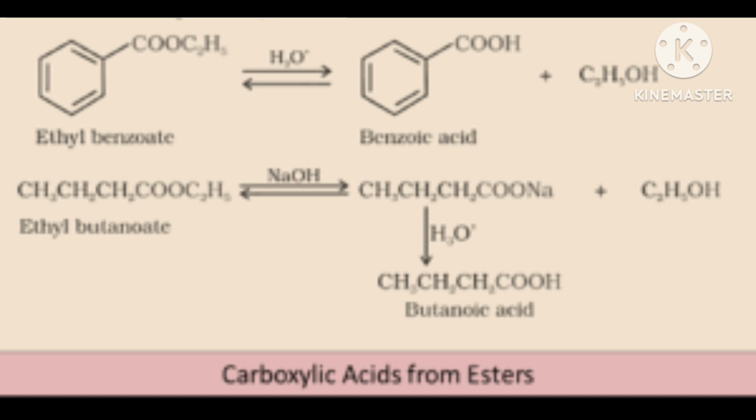Both K will just exchange with H. Then you will get two COOH groups in the same benzene ring, that is called benzene 1,4-dicarboxylic acid. It is also called terephthalic acid.